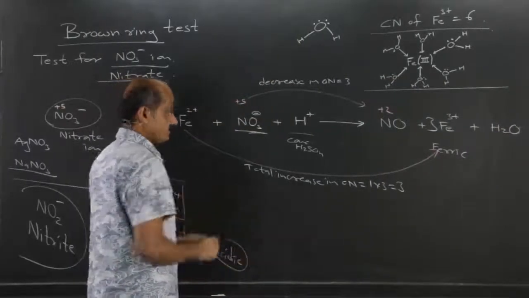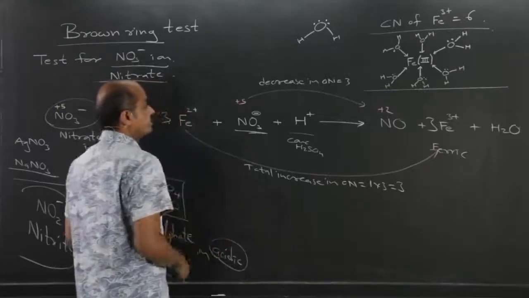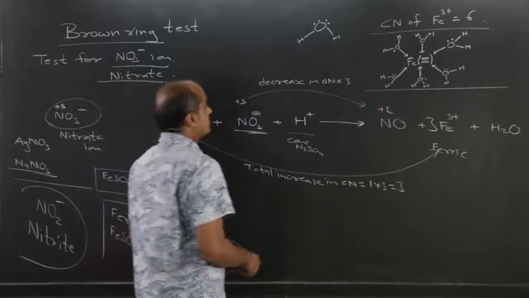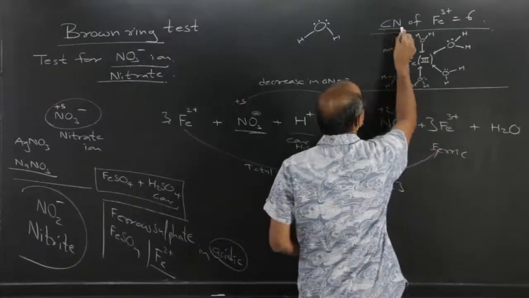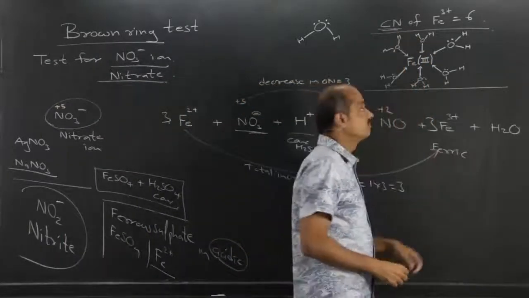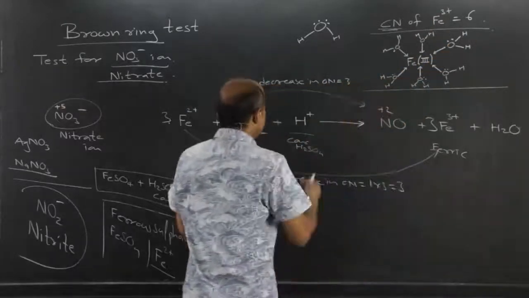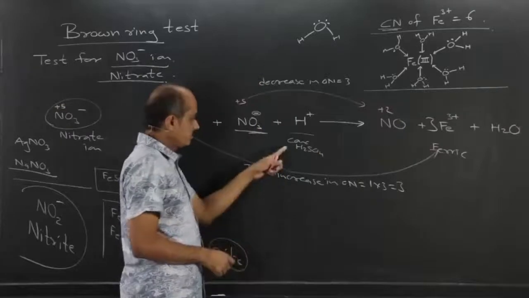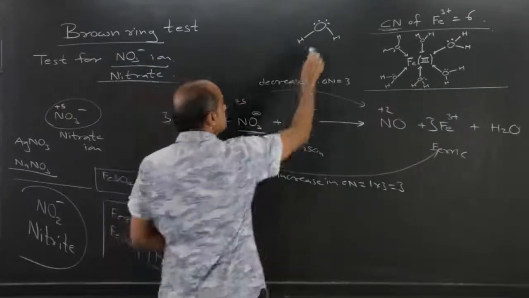And now ferric ions. Actually, ferric ions in water have a tendency to form 6 coordinate covalent bonds. Coordination number, Cn, stands for coordination number. Here, although it is concentrated, the required amount of water is present.